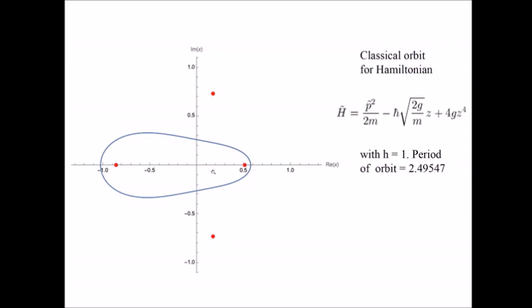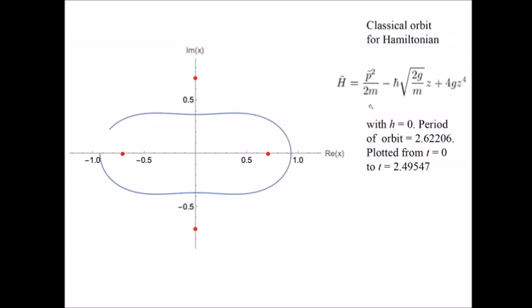At the classical level, notice we have an h bar, but in classical mechanics, h bar is 0. So at the classical level, where I set h bar equal to 0, these two orbits are not the same. The period of the orbits is not the same.